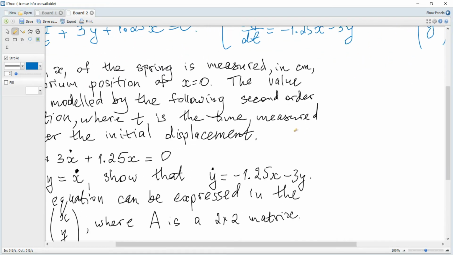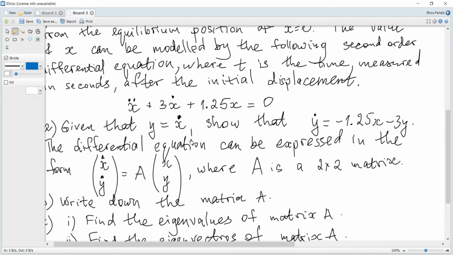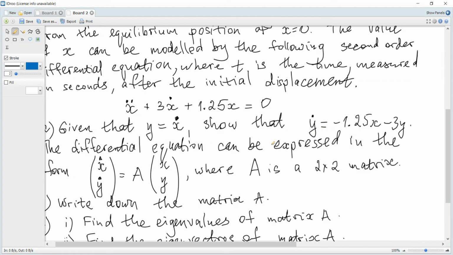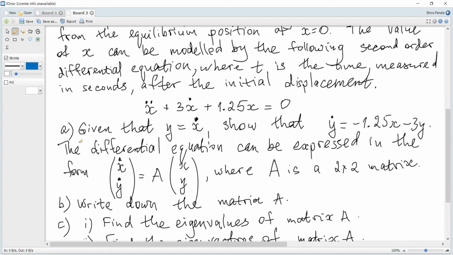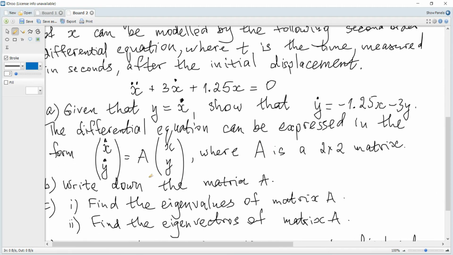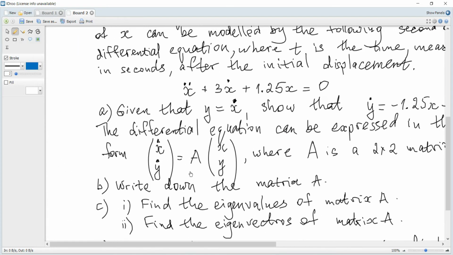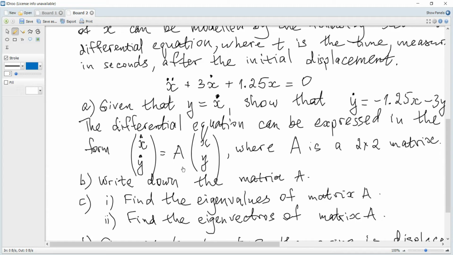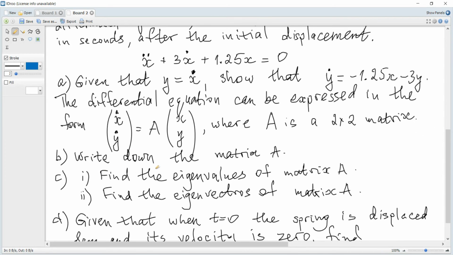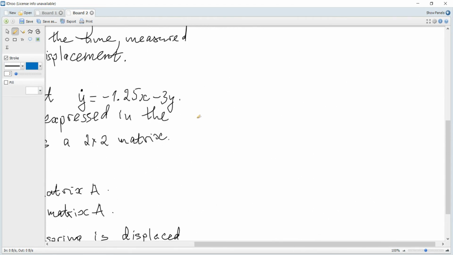It's actually a method. Here it is given how to do that, but in general you should understand it in case you are not told what substitution to use. So write down the matrix A and find the eigenvalues and the corresponding eigenvectors. Why?